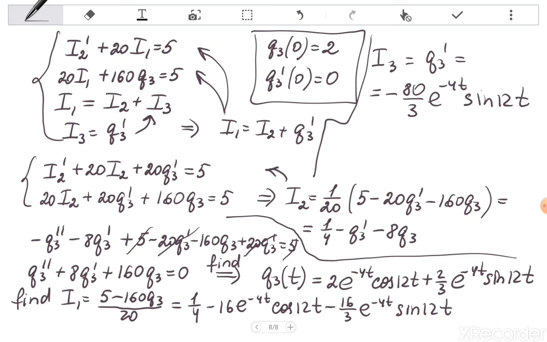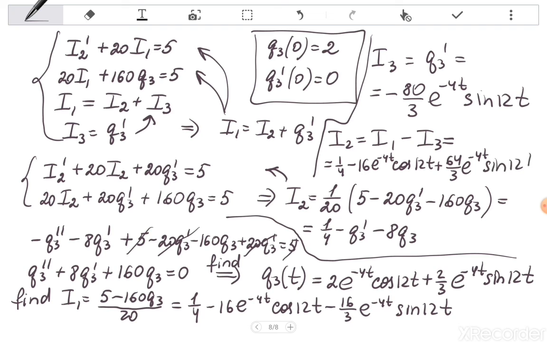And now to find I2, we take just I1 minus I3. And the answer for I2 is 1 over 4 minus 16 e to the minus 4t cosine 12t plus 64 over 3 e to the minus 4t sine 12t.